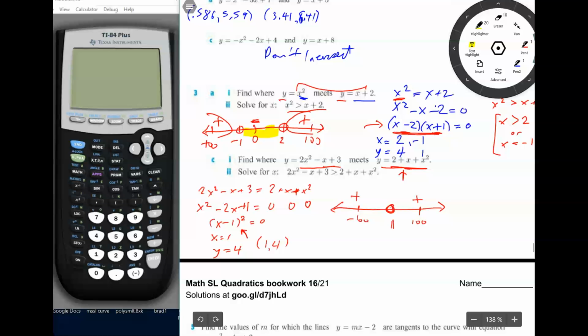Okay? So when is 2x squared minus x plus 1 greater than this? Well, that happens when this expression here is positive, because what I did was I took the left side of this and I subtracted the right side of this.